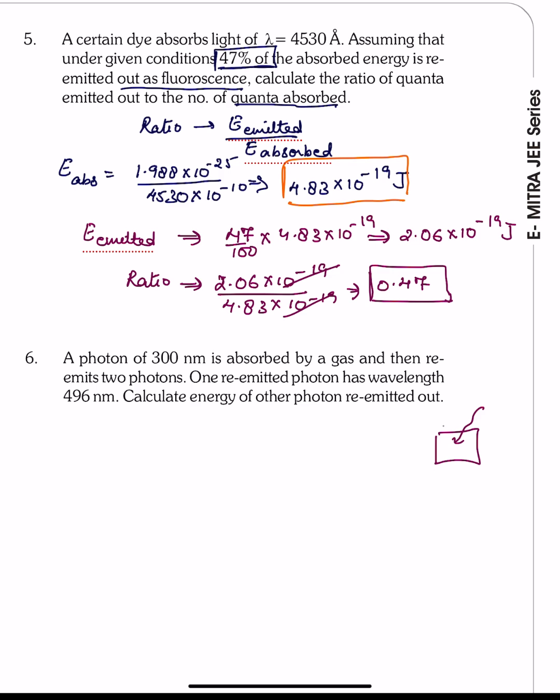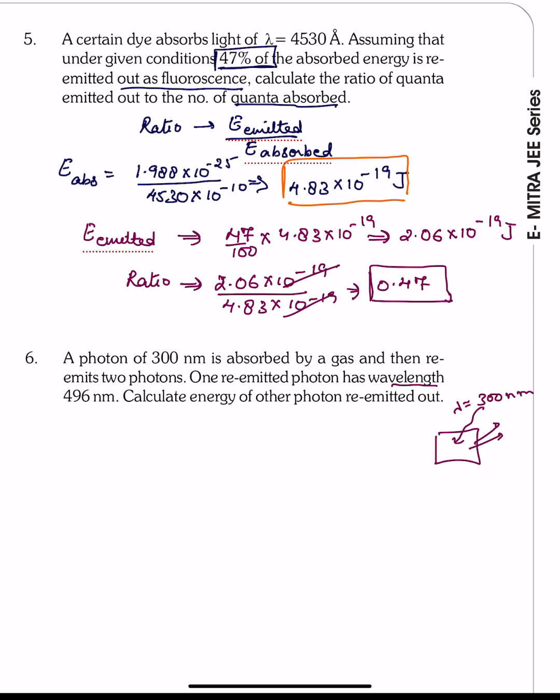So it is absorbing a photon which has wavelength lambda equal to 300 nanometer, and after absorbing it is emitting out two photons, for one of which the wavelength is given to us as 496 nanometer, and for the other photon we have to find out the energy.